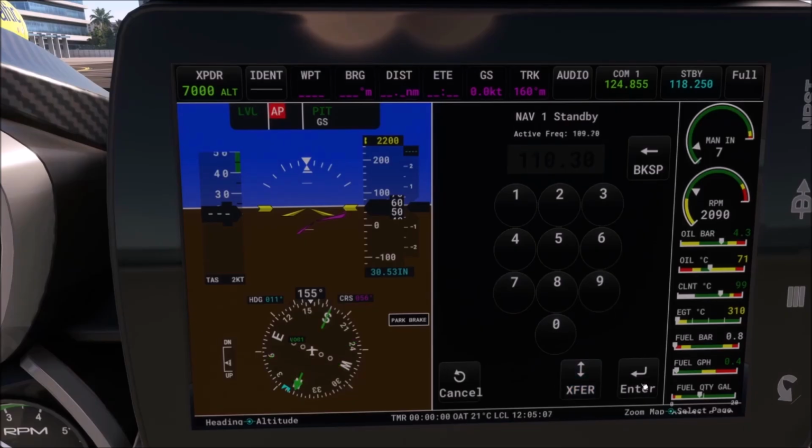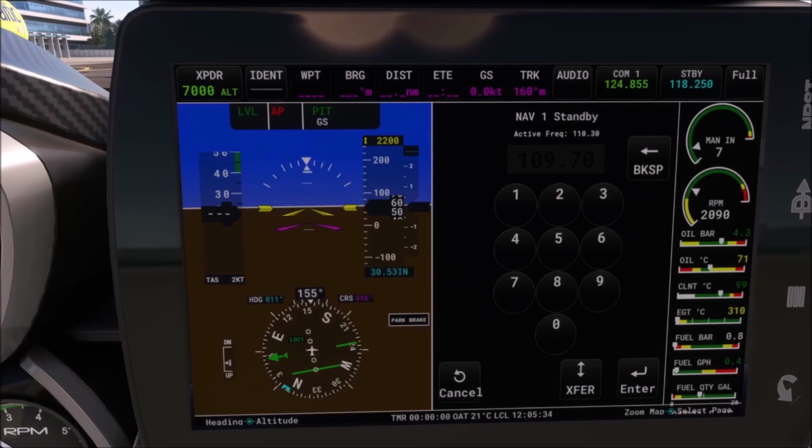Transfer, not enter, and 110.30. Again, transfer. So now if we press here, we see that we have the two ILS frequencies, 109.70 and 110.30.